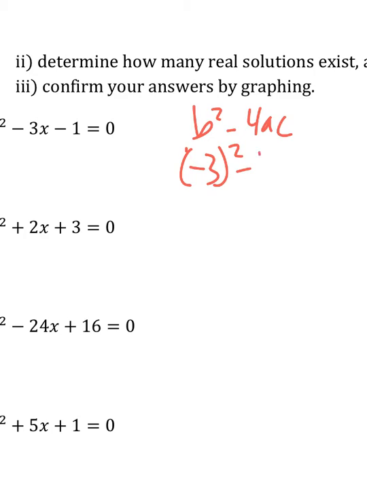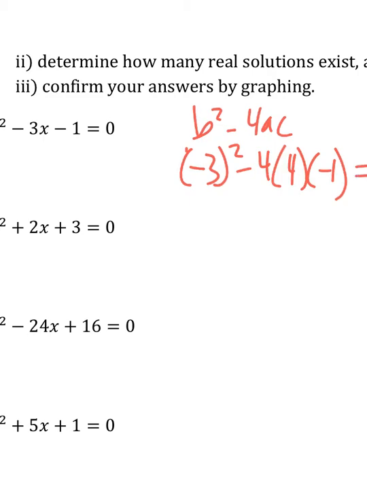Negative 3 squared minus 4 times negative 1. Is that going to be positive, negative, or 0? Should be positive, right? We got positive 9 and positive 16, right? So that's 9 plus 16.